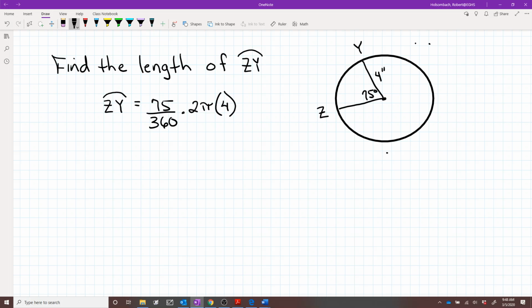So you can go straight across in your calculator. Take 75 divided by 360, hit equals, then times 2 times the pi button times 4, and you get 5.24, and that's inches. 5.24 inches.